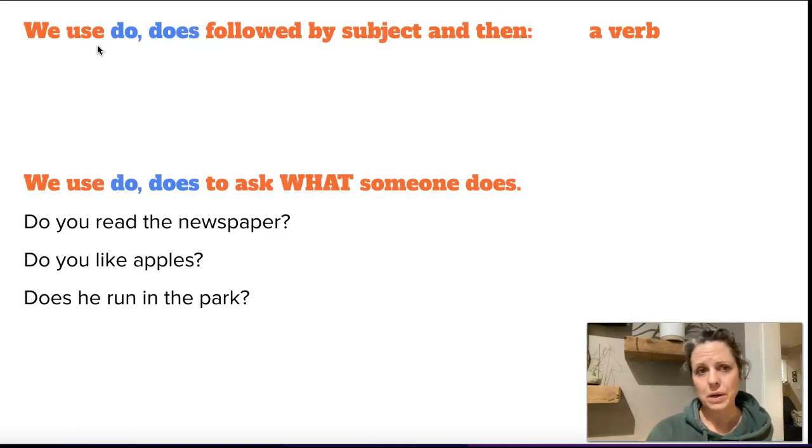Do is a helping verb, so you need another verb to help it along. Do you read the newspaper? So we have a verb here, do, and a verb here, read. Do you like apples? Do like. Does he run? Does run.